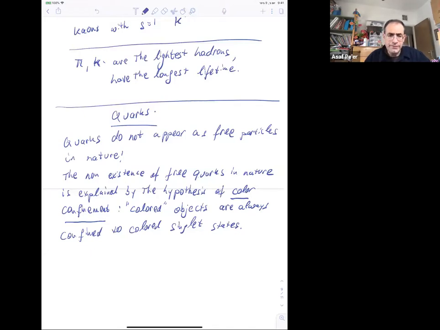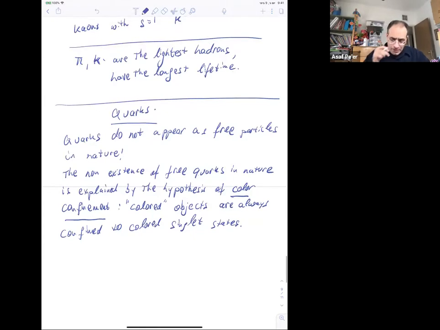So if there happened to be a free quark, or a set of quarks that are not color neutral, then they always reorganize themselves as a set of neutral hadrons, which occurs over a time of one femtosecond or so.